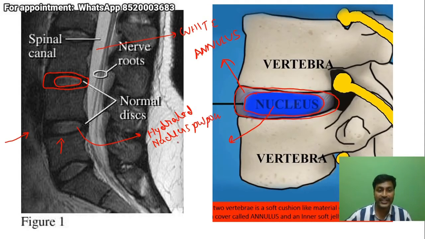So a hydrated nucleus pulposus appears white in color. When it gets dehydrated, when a disc starts becoming desiccated, these white structures will become black. But the annulus is always black in color.